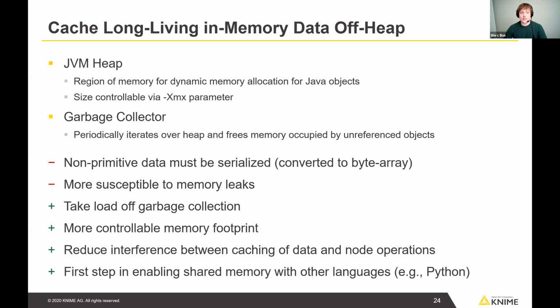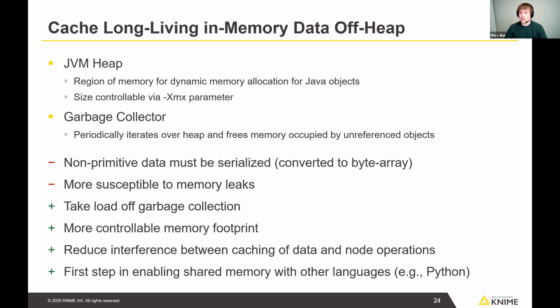Then another thing that's really cool about this is that any computation or intermediate results that your nodes compute, or as a node developer that you might be using, or any external libraries, will still place their objects in the heap region, and no longer will they have to interfere with our internal table storage for space and garbage collection resources.